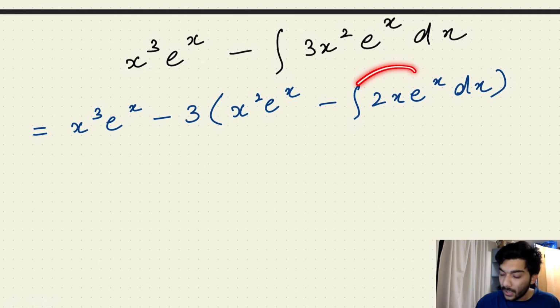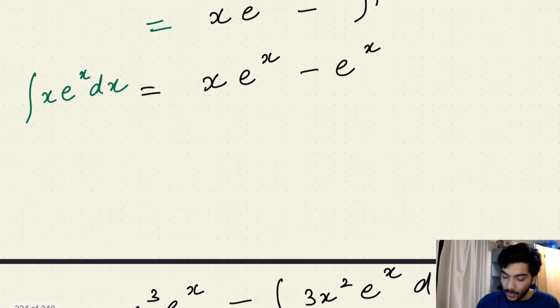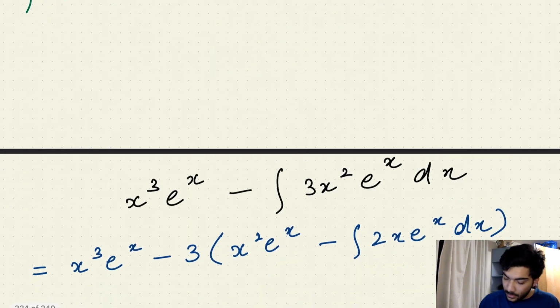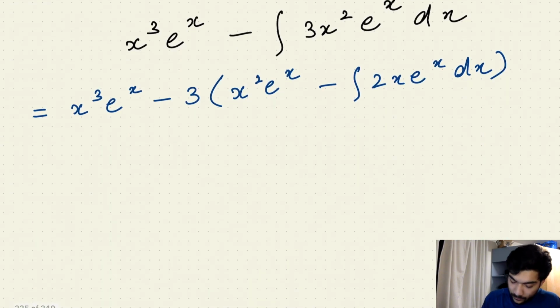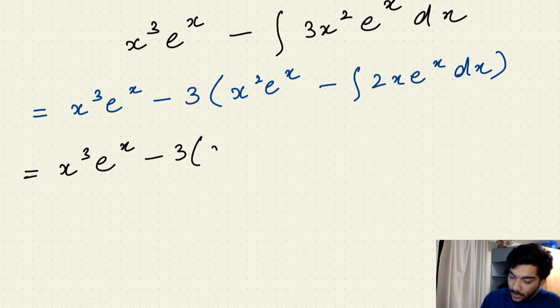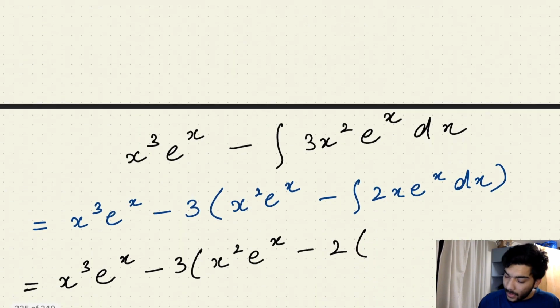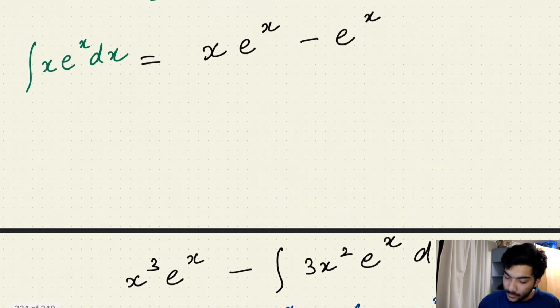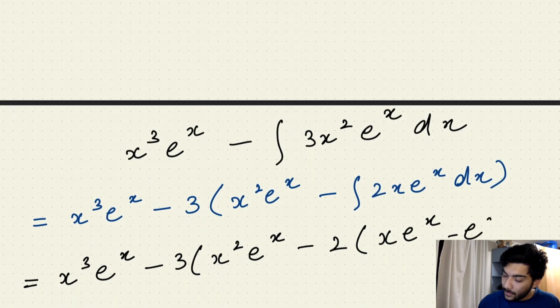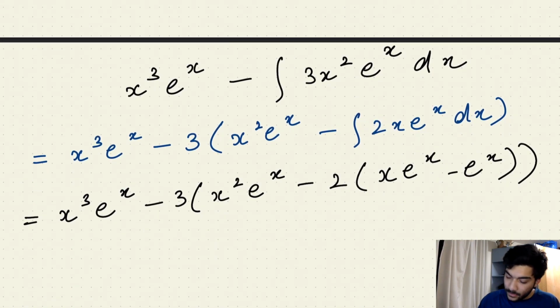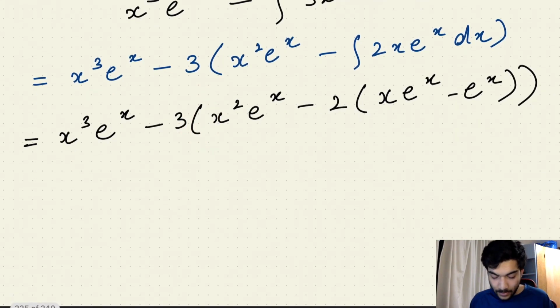So now let's write the answer to this integral as well, which we already calculated as this one. So we will have x cube e to the power x minus 3 x square e to the power x minus, this integral would be twice of x e to the power x minus e to the power x, one bracket, the second bracket which closes this one, and that's it, right?